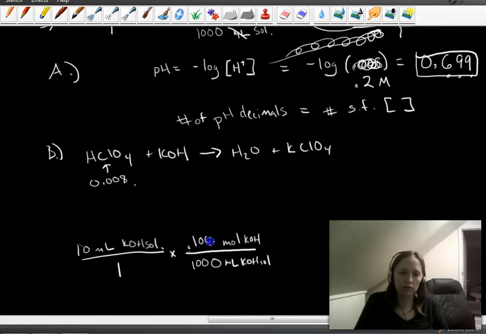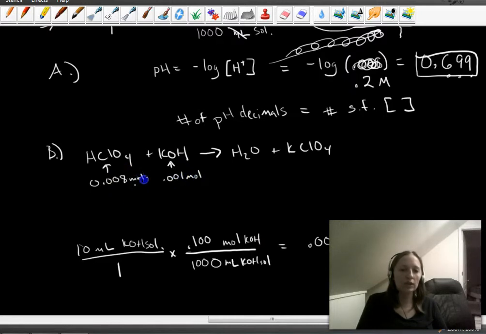So 0.100 moles of KOH are in 1,000 milliliters of KOH solution. And so that's going to be 10 times 0.1, which is 1 divided by 1,000, which is 0.001 moles of KOH.